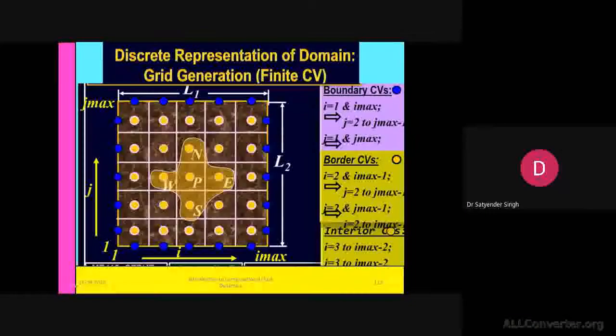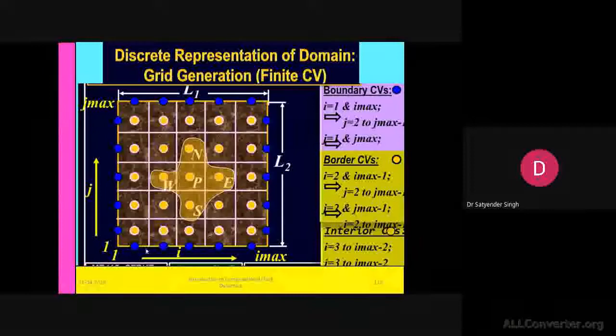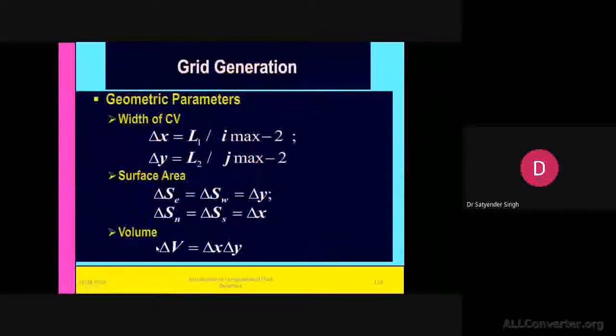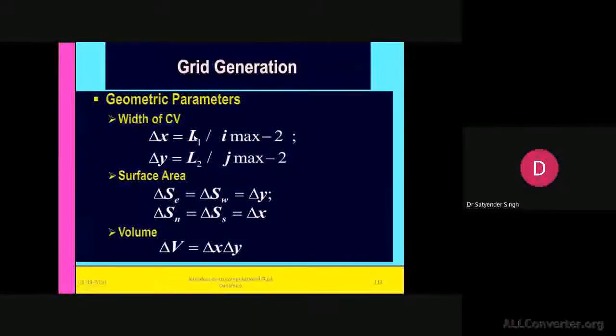and how they can be. Okay, so if the distance between two grid points has to be calculated, it can be derived like this. L1 will be the length in the x direction, and I max minus 2 will be the location of the inner nodes. Accordingly, we can get the delta x.